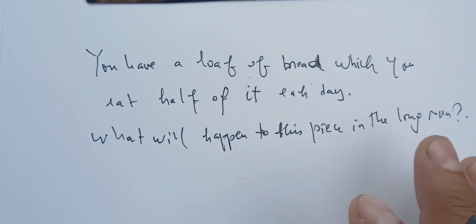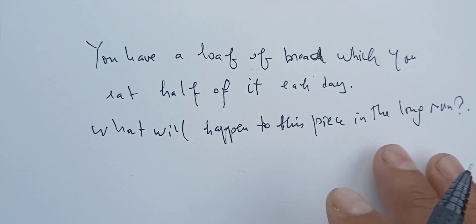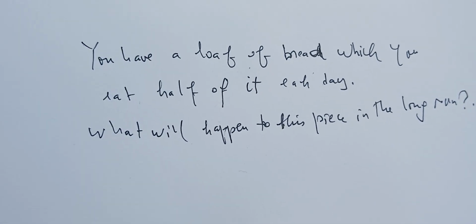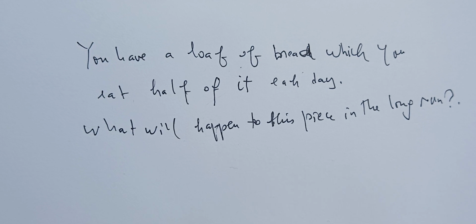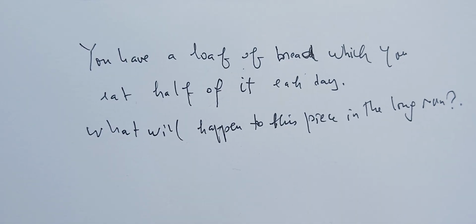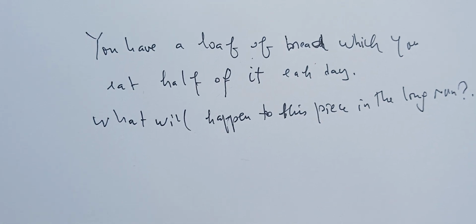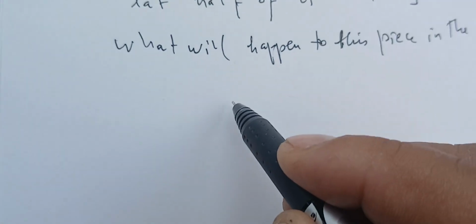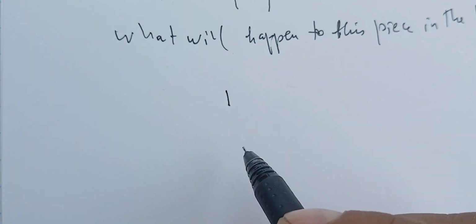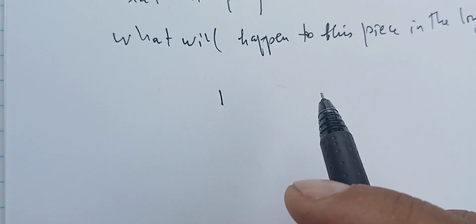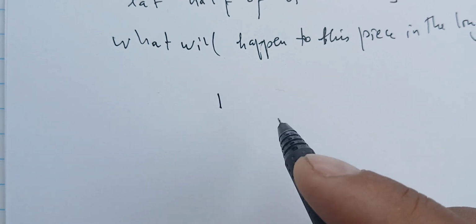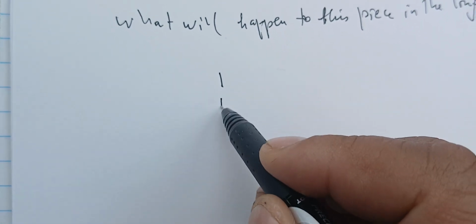Okay, so we are interested in finding a model, or a formula, that would tell us what's left of the bread. So on day one, you eat half, you have one half.